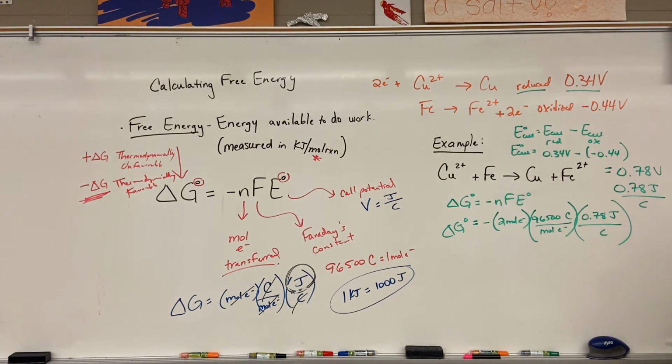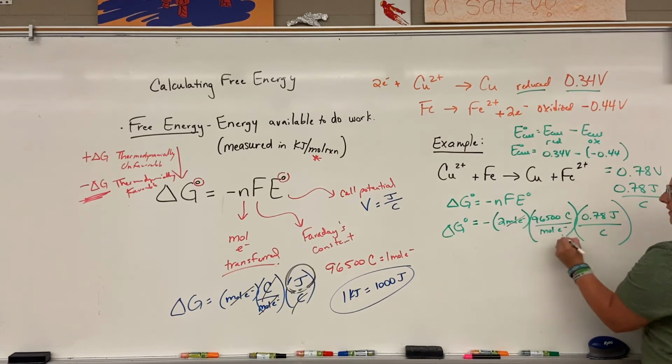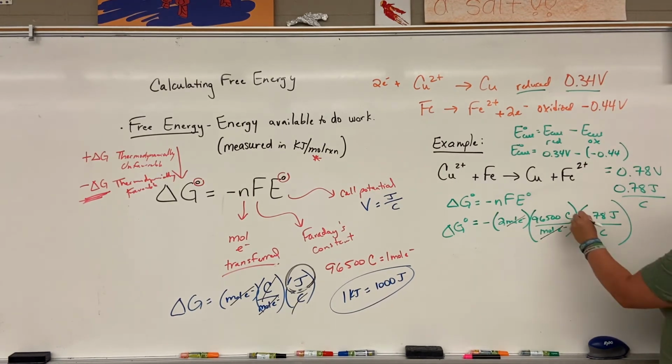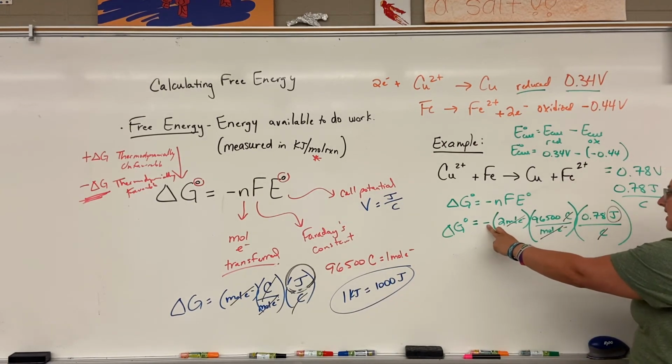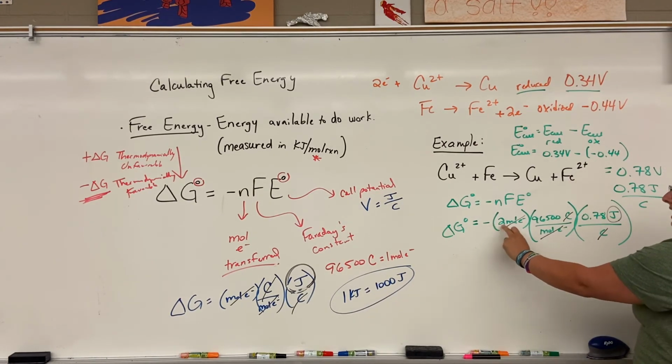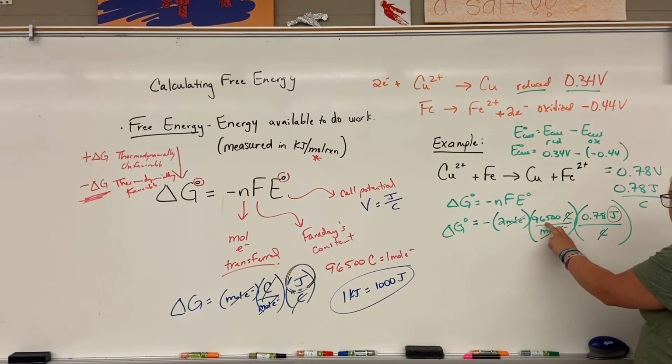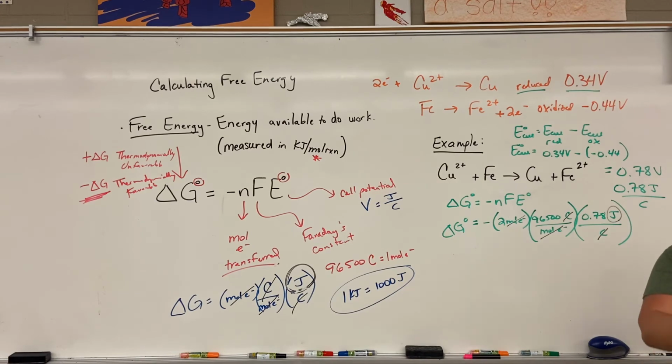Now, I'm at the point where I can work my math. So, I see my units that I can cross out. Moles of electrons cancel out. Coulombs cancel out. And I'm left with just joules. So, I'm going to go through and work this math. Don't forget that that's a negative sign right there. So, I'm going to take negative 2 times 96,500 times 0.78.